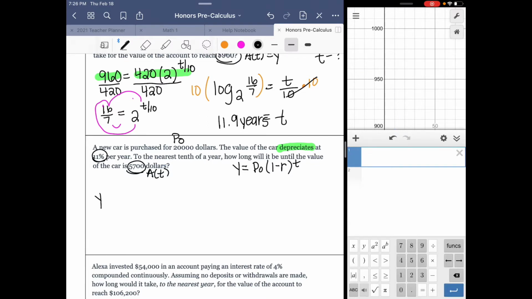We're going to plug in what we know. My future value is going to be 5,700. We started with 20,000. We have 1 minus 0.11, because that is converted into a decimal, raised to t. We have to get that base by itself, so we divide by 20,000.